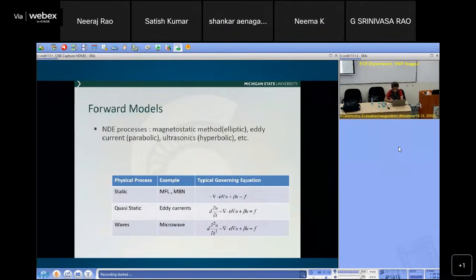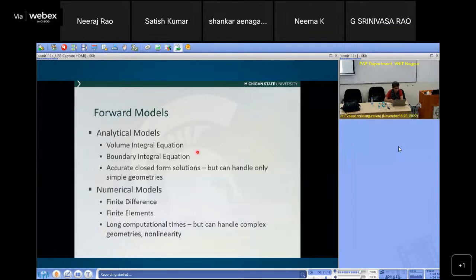So in volume integral and boundary integral, which depend on the Green's function itself, one of the problems is how do I find the Green's function itself? But the advantage is that you have a closed form solution, and such a closed form solution is very useful for doing a variety of processes.